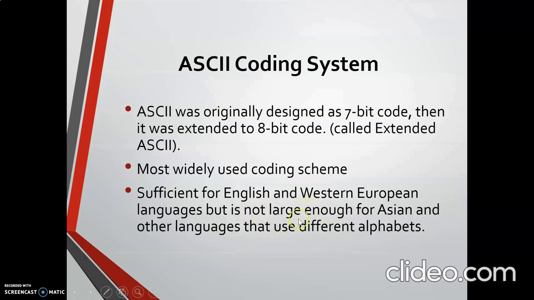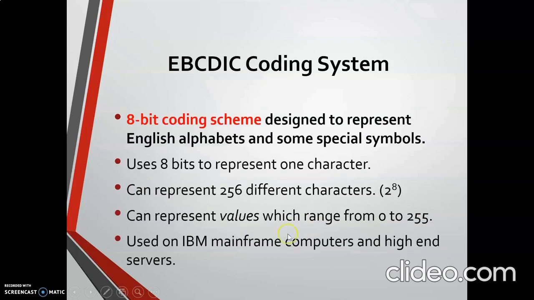Meaning, if we have languages like Japanese, Korean, Chinese or Tamil, those languages use different alphabets, not ABC, meaning ASCII cannot represent those languages. So that's the limitation of ASCII.